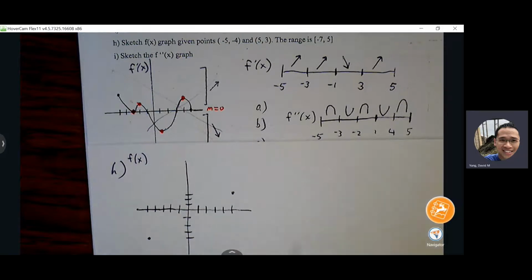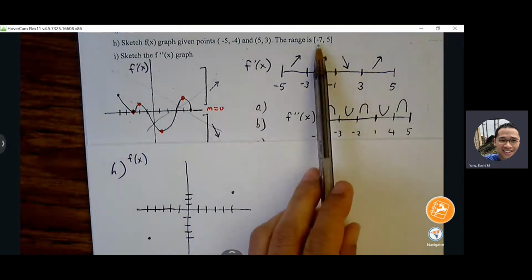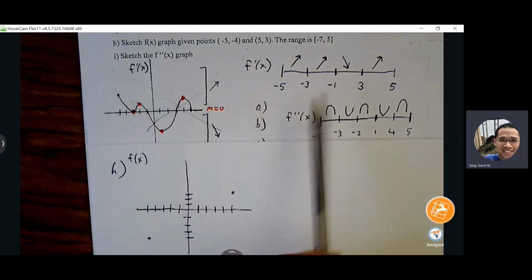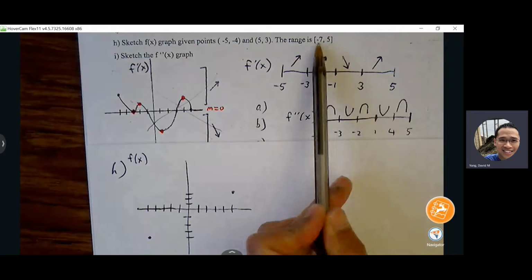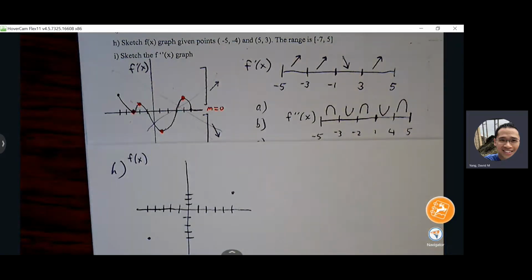Okay. Now, what the range is telling us is that when we sketch our graph, when the dust settles, we want the highest y value to be 5, and we want the lowest y value to be -7. Okay, so we'll just go ahead and sketch our graph, and then if we need to adjust and pull the graph so that it fits that range, then we'll do that.